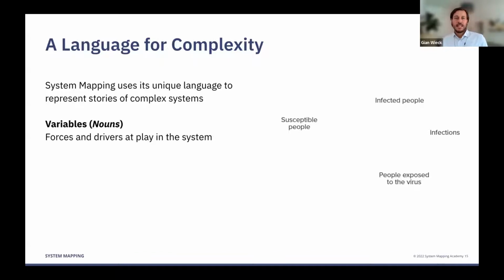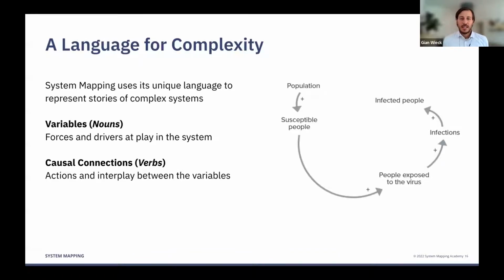On the next slide, when we're trying to understand how they are connected, this brings us to the second concept that we're using, which are the relationships. Here we want to show the causal connections, the actions and interplay between the different variables. This we can compare to the verbs of our language. So how do the different nouns actually interact with each other?